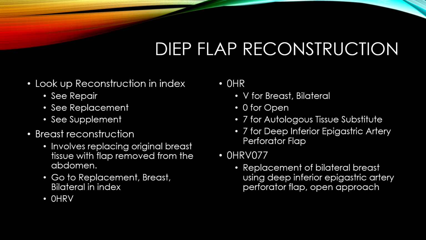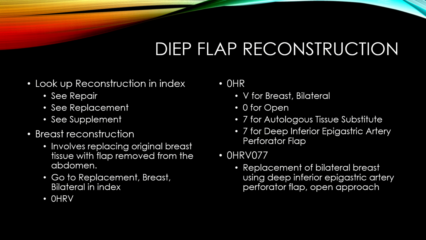I know that this is the correct code because of the way that her deep flap reconstruction is spelled, DIEP. That tells me that that is an acronym for deep inferior epigastric artery perforator flap.